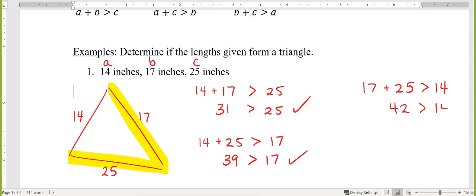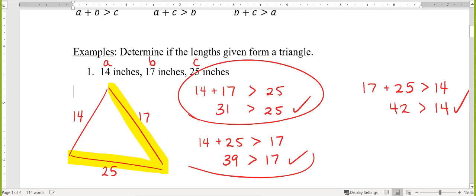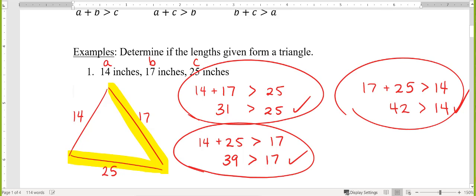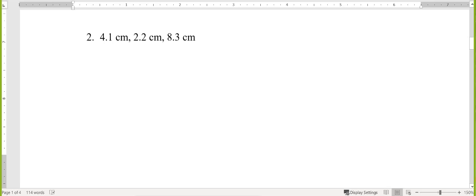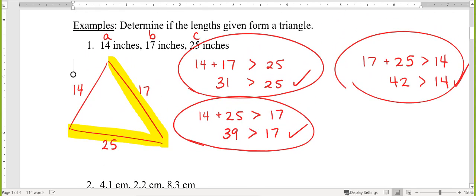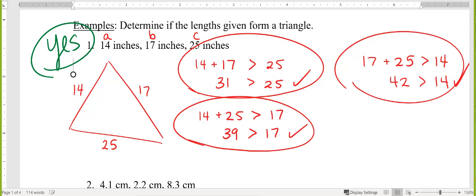Is 42 bigger than 14? The answer is yes. All three of those inequalities were true, so you can make a triangle with sides of length 14, 17, and 25. So yes, this is indeed a triangle.